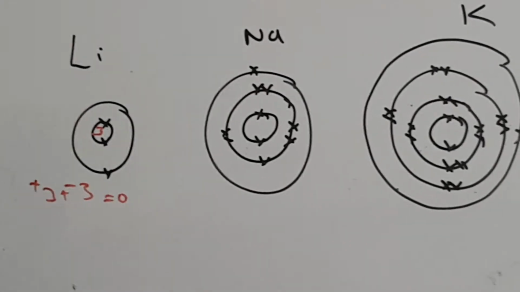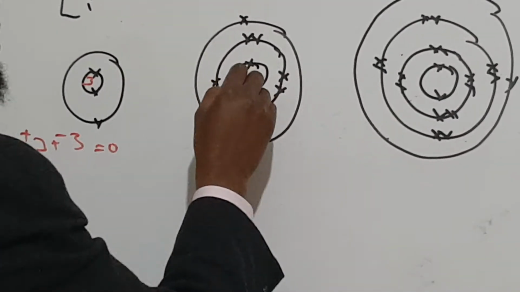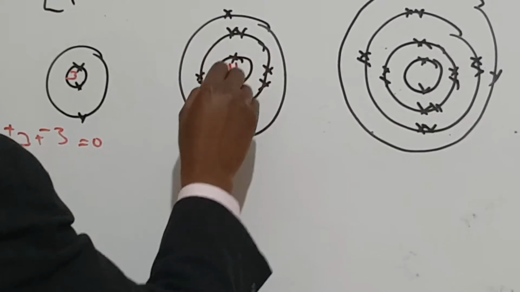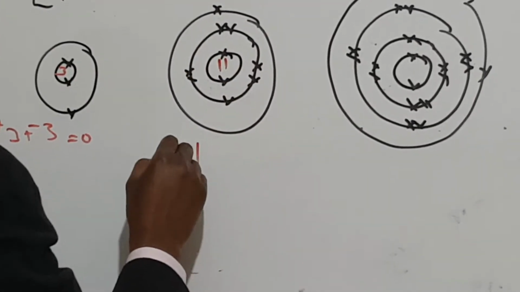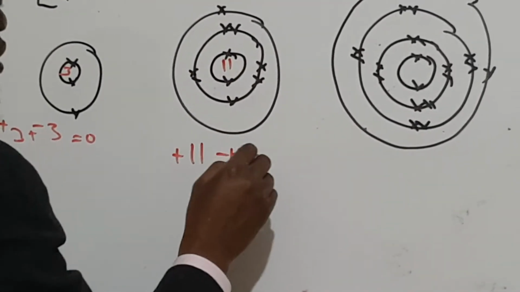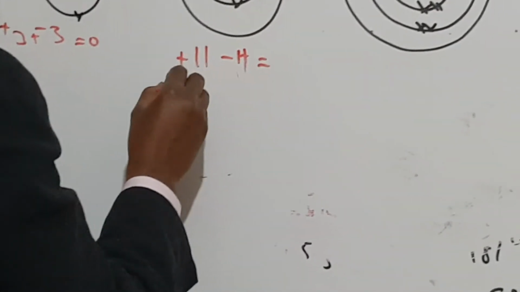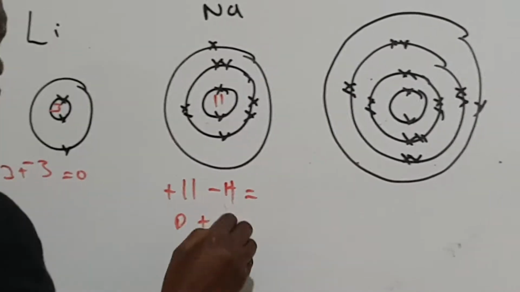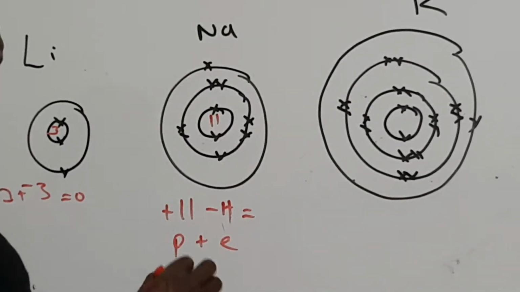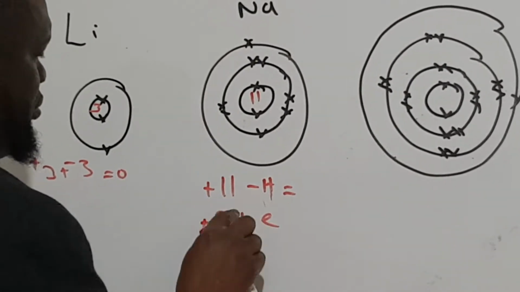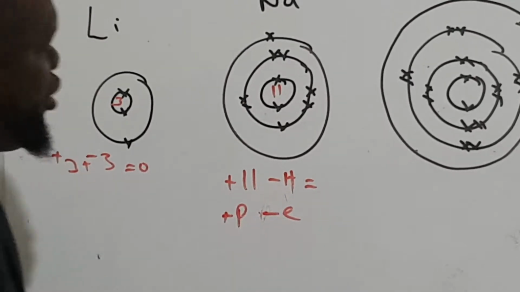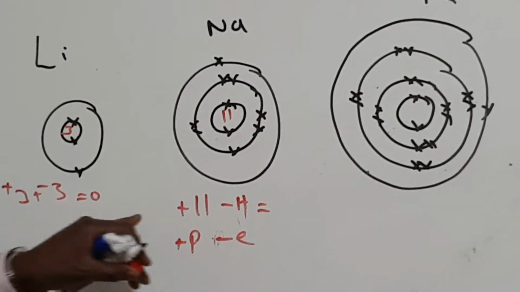Now look at this one. How many protons do you think? Number of electrons is 11. So 11 plus, 11 minus. Why am I putting plus and minus? Because protons are positively charged and there are 11 of them.